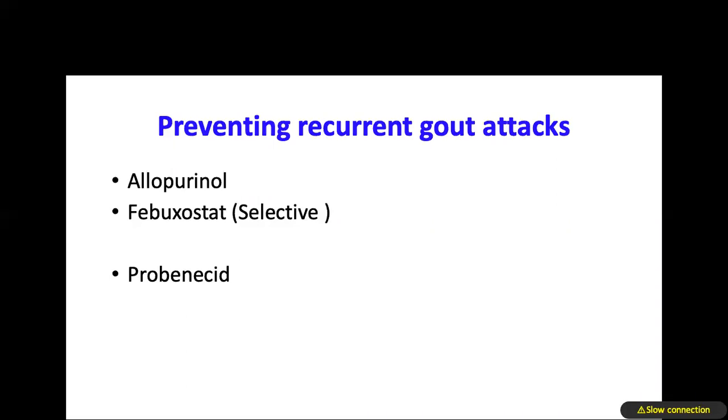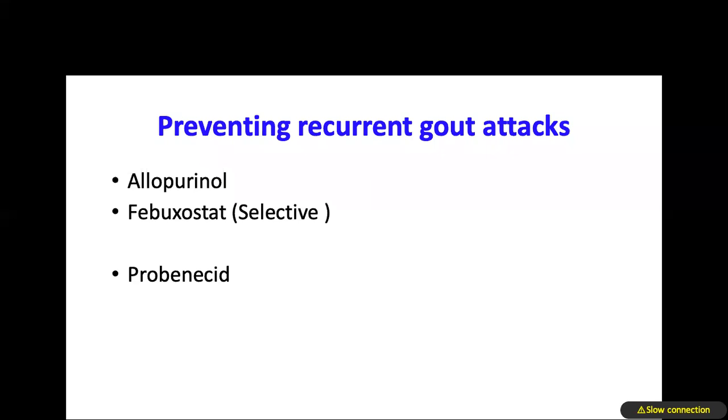Febuxostat is a drug which is better in renal patients, but there is a slight cardiovascular risk. Probenecid is a uricosuric. So allopurinol and febuxostat change how we handle uric acid in the body, and probenecid increases the uric acid excretion, right? So if you want to prevent it, you reduce the formation or increase the excretion.